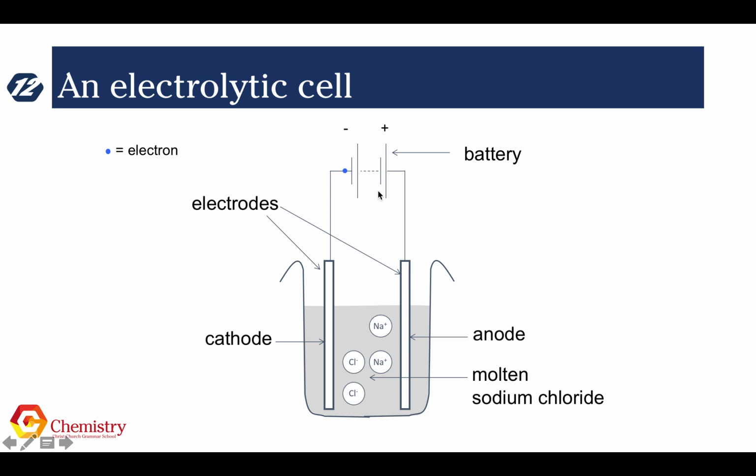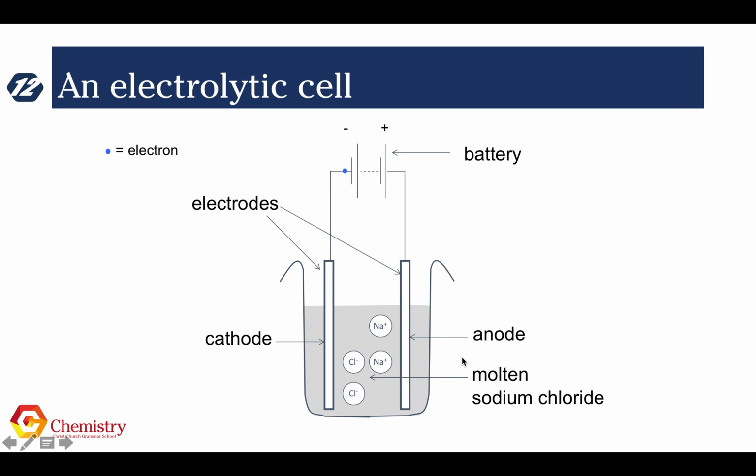And it's important to get these the right way round, because if you then subsequently say that something's produced at this electrode and it's the wrong polarity, then your answer will be wrong. So that's kind of the first thing to note.